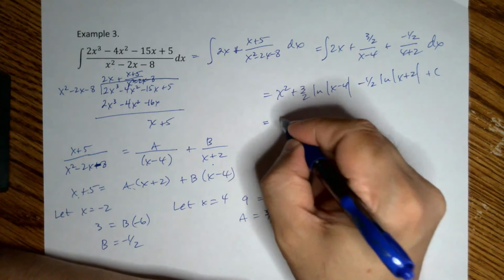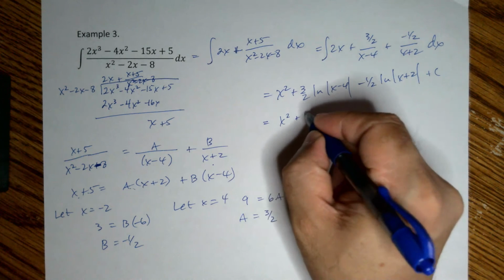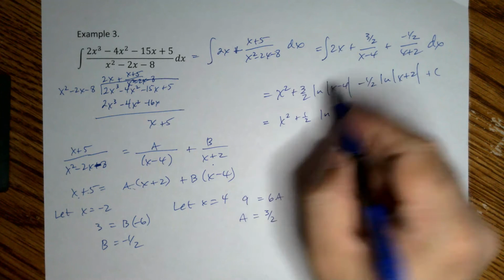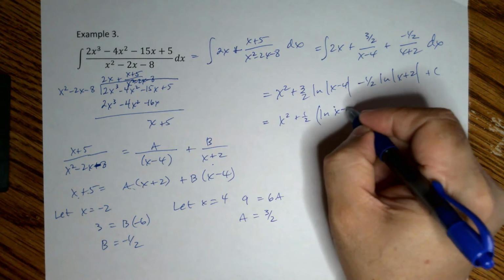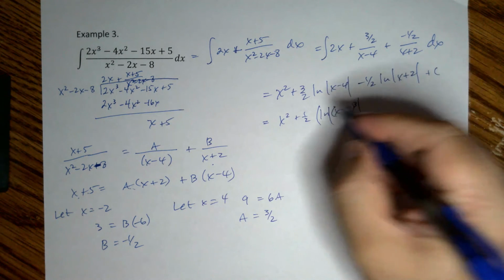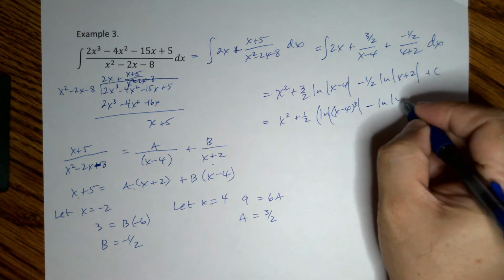All right. Let's clean that up some. I want to take out a half. Right, so when I do that, it's going to give me natural log, and I'm going to take the 3 and make it an exponent. So it's x minus 4 to the third minus natural log of x plus 2.